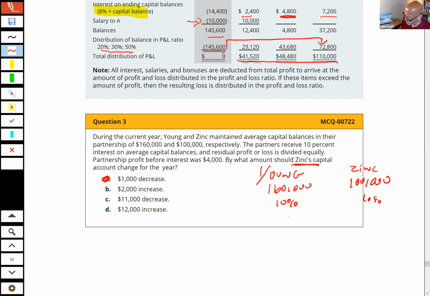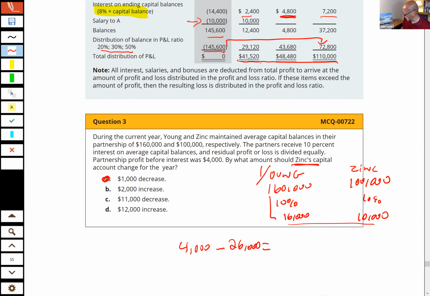So that means, let me write my 10%. That means that Young is going to increase 16,000, and Zinc is going to increase 10,000. But then after you consider that they've distributed 26,000, you have a $4,000 profit, but we've distributed 26,000.